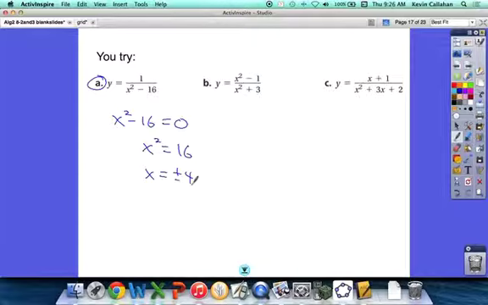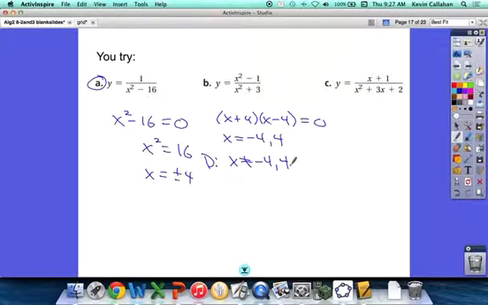If you factored it, it would have been x plus 4, x minus 4 equals 0. -4 and +4. So what's the domain? If x equals 4 and x equals -4, then the domain is x not equal to -4 or 4. Anything else works, but it just can't equal those two.